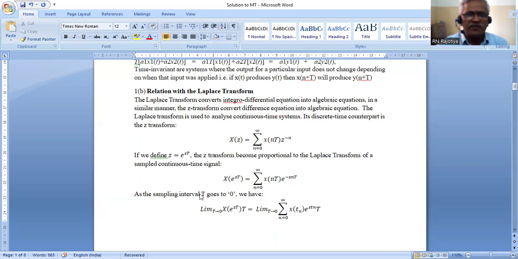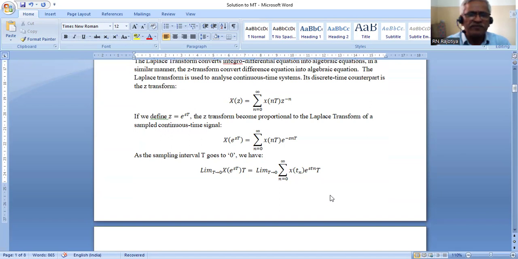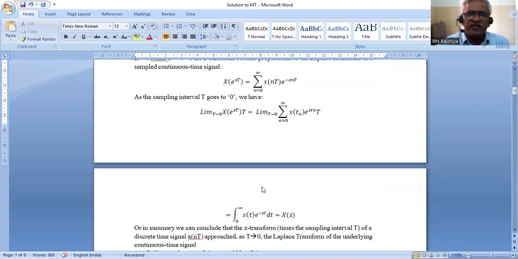Now, as the sampling interval T goes to 0, we take the limit T tending to 0. So if the sampling interval is very small, tending to 0, then this term X(e^(sT)) is the limit as T tends to 0 of the summation from n equals 0 to infinity of x(nT) e to the power of minus s nT times T. When you sum all these discrete values, that is nothing but the integral.